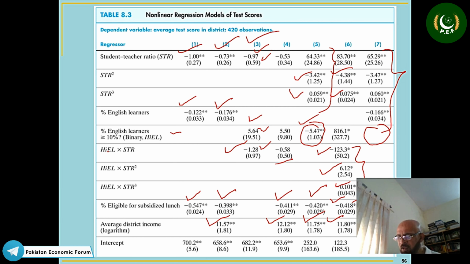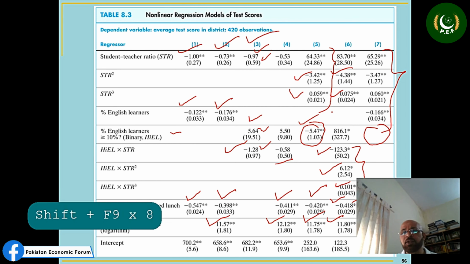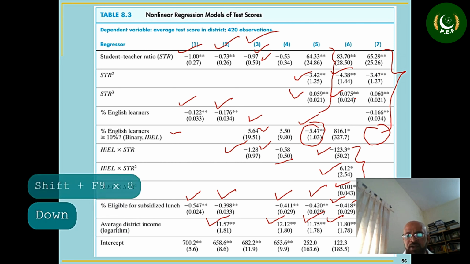The second question was: after controlling for economic background, is there evidence of a non-linear effect on test scores of the student-teacher ratio? This effect is statistically significant, as student-teacher ratio square and student-teacher ratio cube are also significant. So after controlling for income, the student-teacher ratio square and cube effects are significant, which indicates there is a non-linear effect.